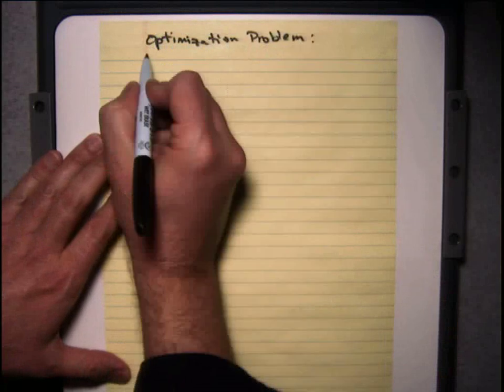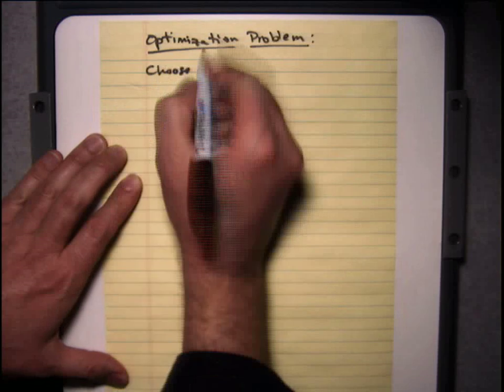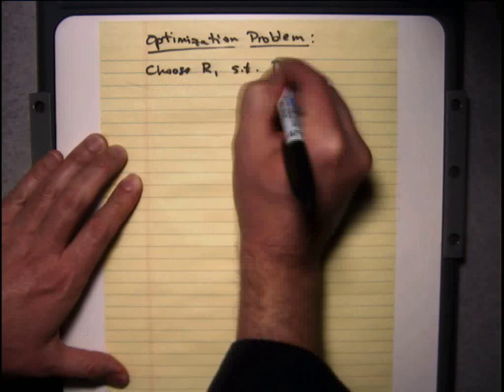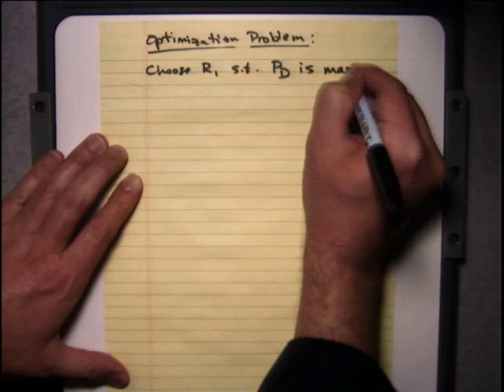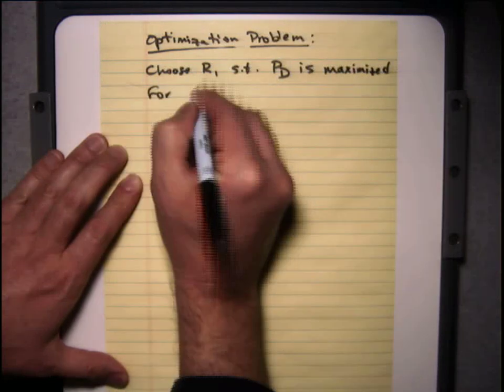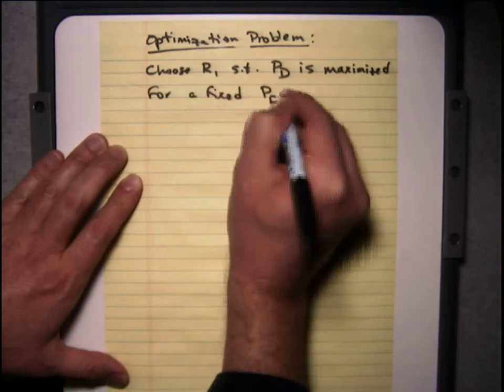The optimization problem is: choose R1 such that PD is maximized for a fixed PF which is equal to some alpha.